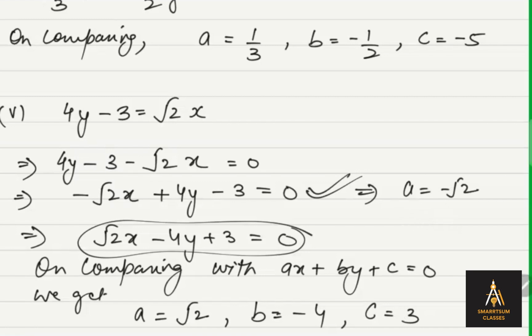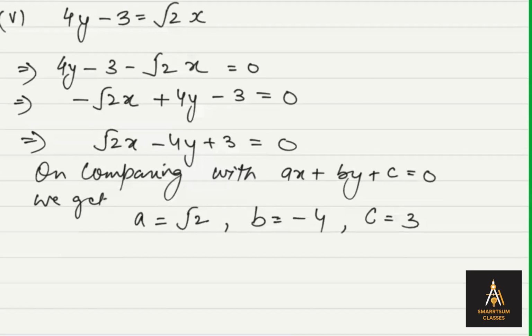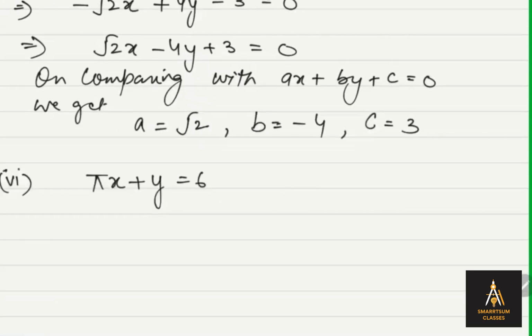So write down. Now the sixth part of the question. Pi x plus y is equal to 6. Again, first rewrite this. Pi x plus y minus 6 is equal to 0.